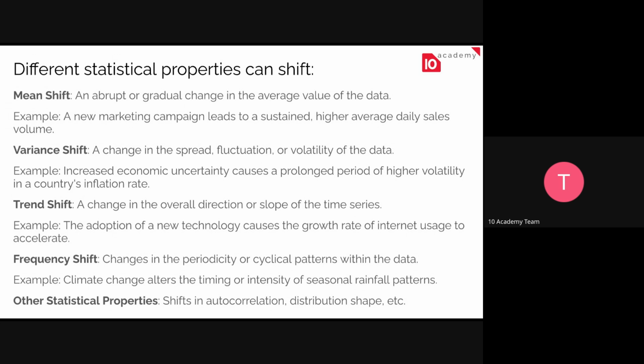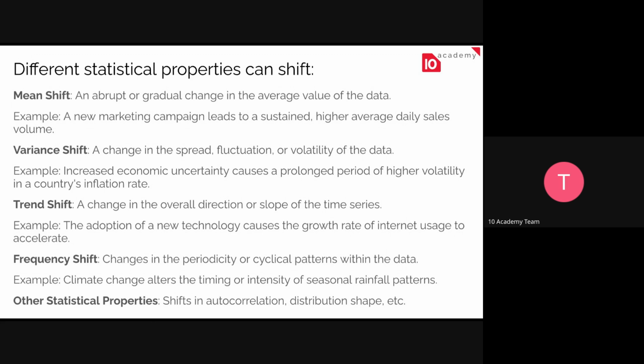Trends tend to go high or low, not in a short amount of time, but over a longer amount of time. For example, the adoption of any technology can cause the growth rate of usage to accelerate. Of course it's going to take time, but once it does, it will not go down for a long time. So it's a trend. But variance or fluctuation is the other part of the time series, right? Maybe you can refer to that slide as well.